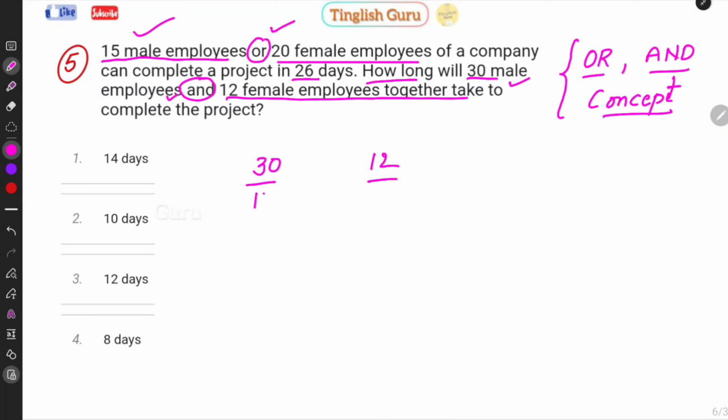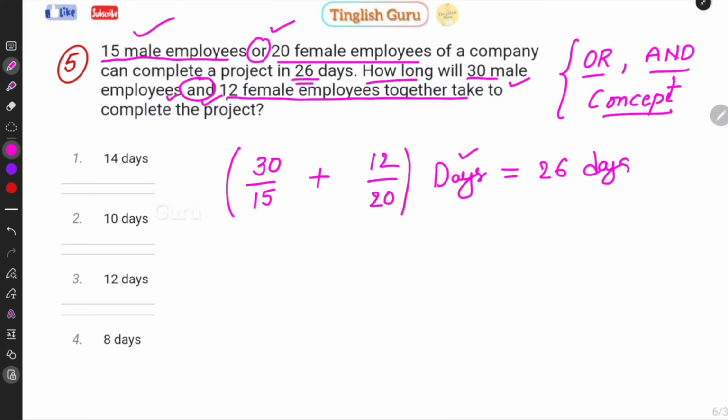Here males are 15 and the females are 20. So add plus, because we are asked to find AND, which means plus. So this total value into number of days, that is the answer we require, days, is equal to 26 days, which is given in the question.